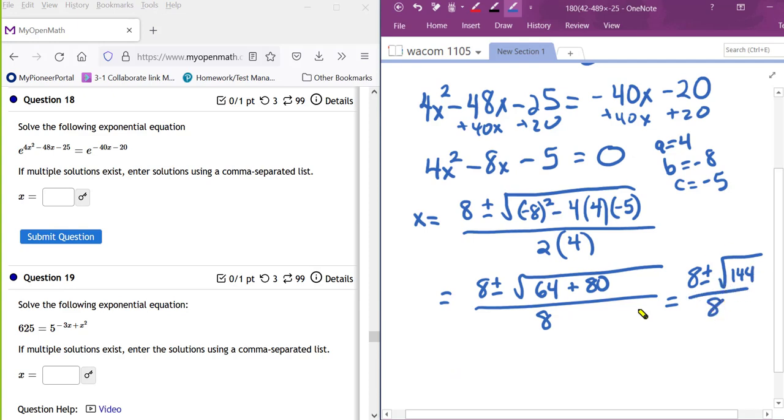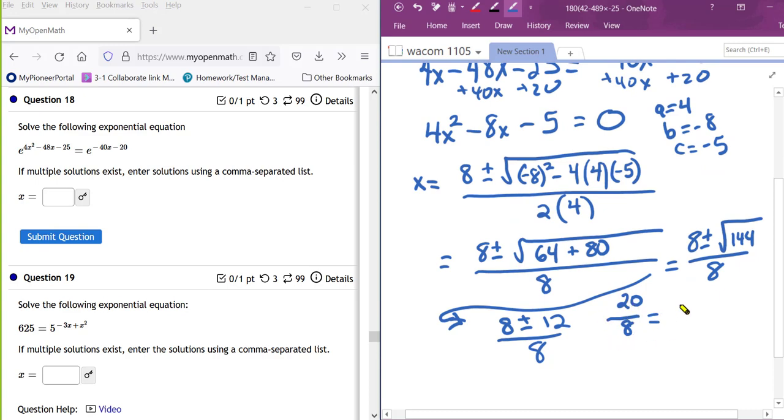144 is a perfect square. It is 12. And then you just need to work this piece out. So do it with the plus. 8 plus 12 is 20 over 8, which you'll need to reduce.